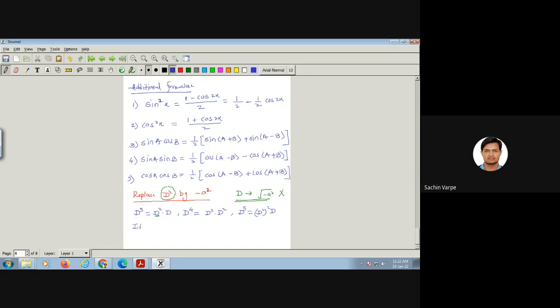If d square is not there, then rationalize the denominator. Clear to everyone? Denominator to get d square. Yes or no? If we rationalize, then in the denominator the form a minus b, a plus b will come, so from that we can write a square minus b square.